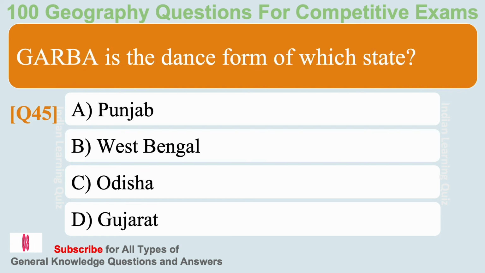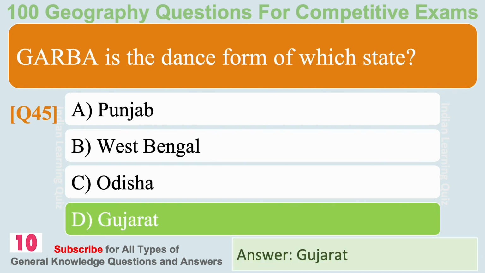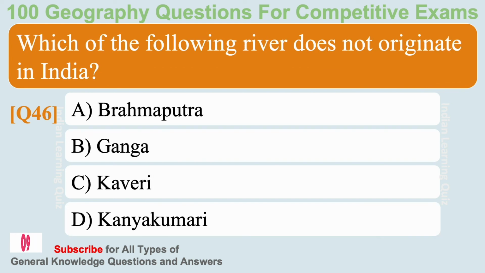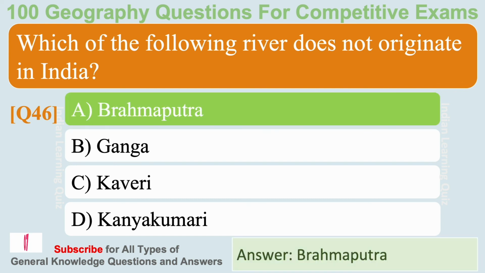Garba is the dance form of which state? Answer. Gujarat. Which of the following river does not originate in India? Answer. Brahmaputra.